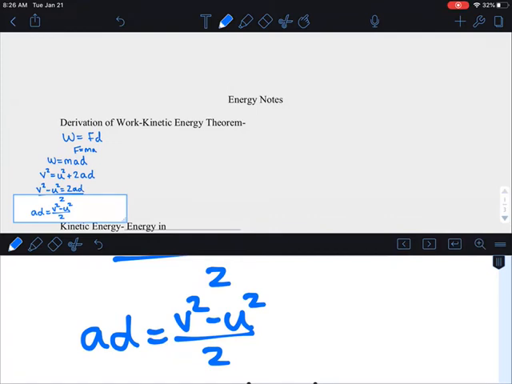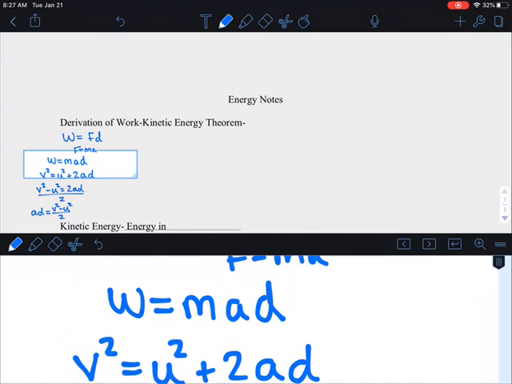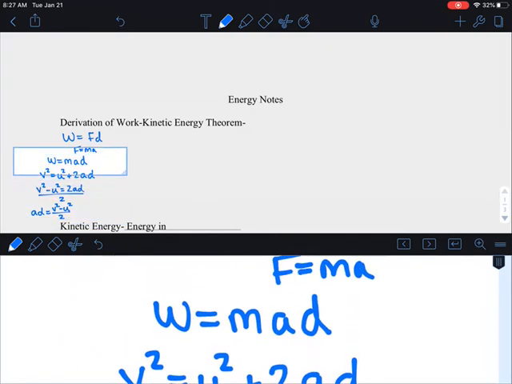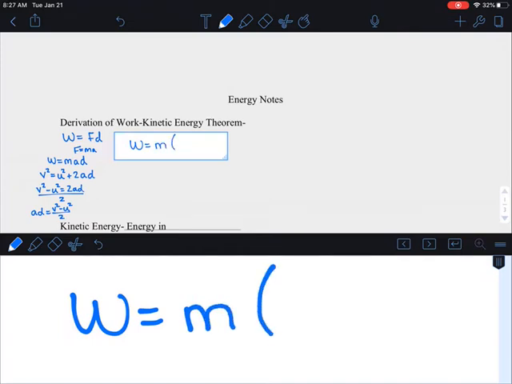And if you notice, we have AD in this equation, and we also have AD in this equation. So I'm going to plug in this v squared minus u squared all over 2 into our work equation. And that comes out to look like work equals mass times the quantity of v squared minus u squared all over 2.